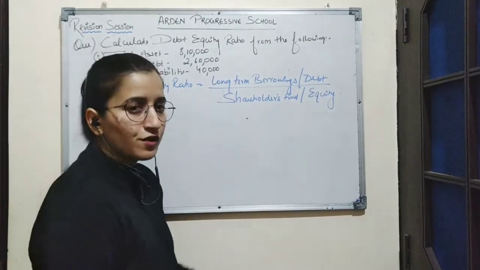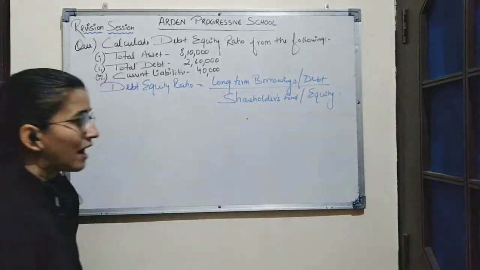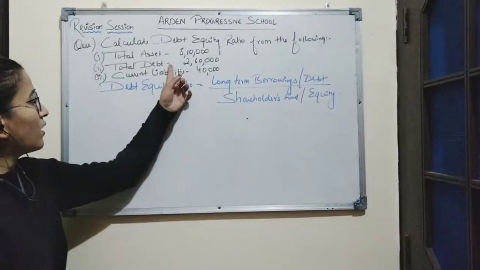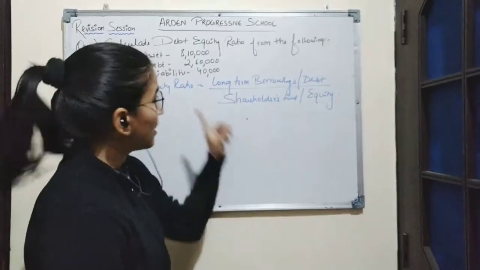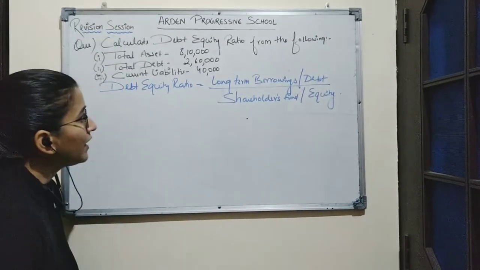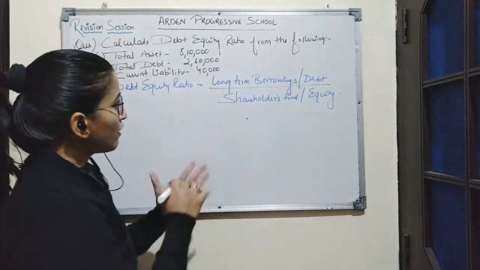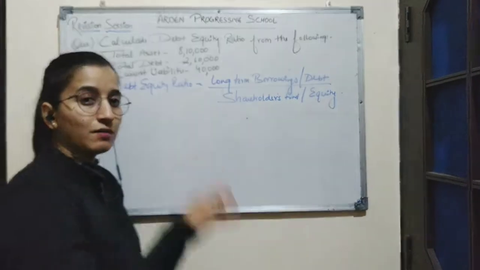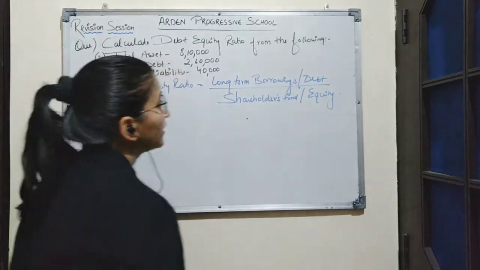So here first we will calculate the amount of long term borrowings. As given in the question, amount of total debt is rupees 2,60,000, out of which current liability is amounting to rupees 40,000. So if we deduct the amount of current liability from total debt, we get the amount of long term borrowings.